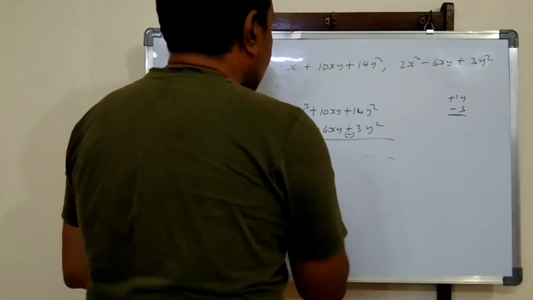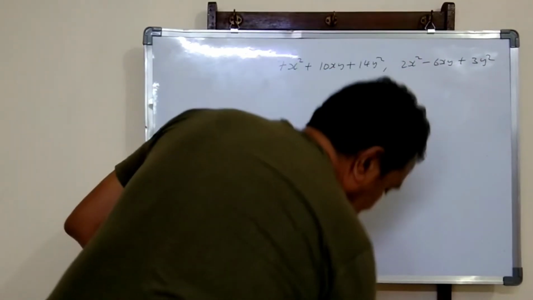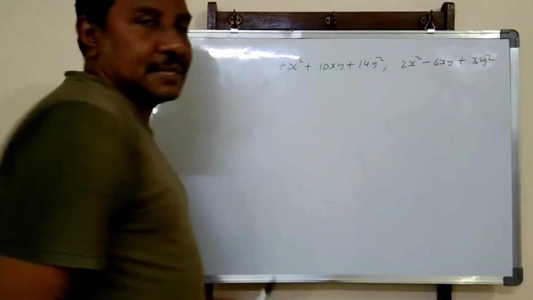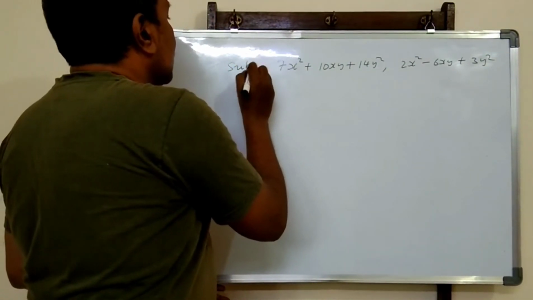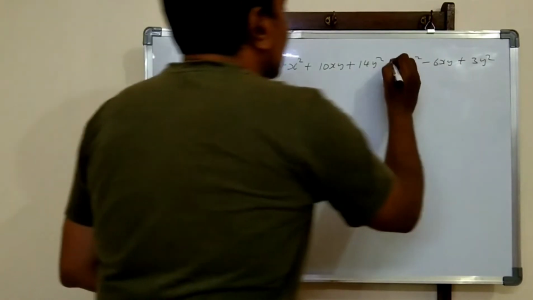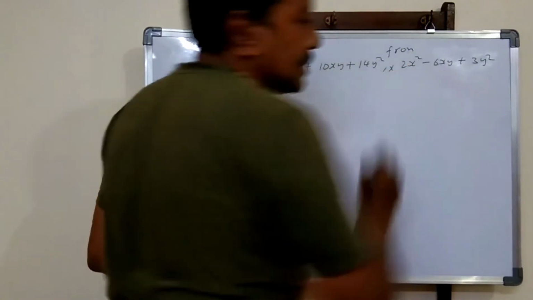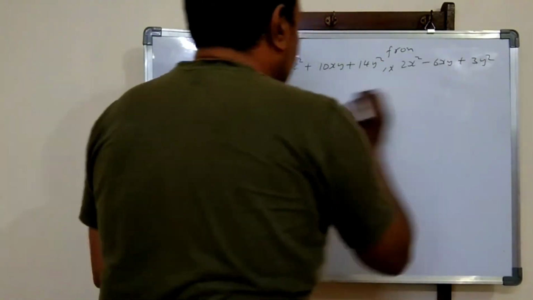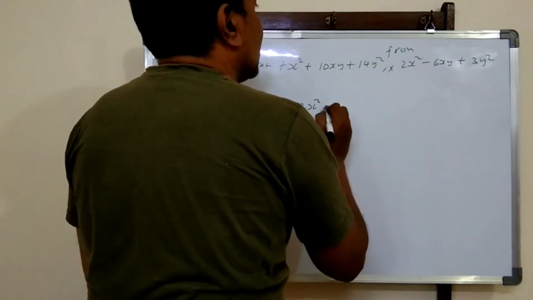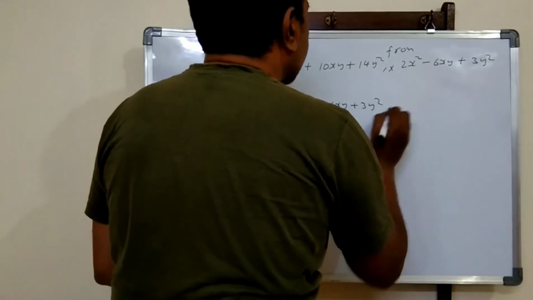So like this. Suppose you are asked to subtract this expression from this. So we have to take this one first: 2x square minus 6xy plus 3y square.